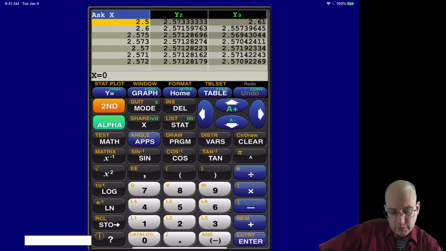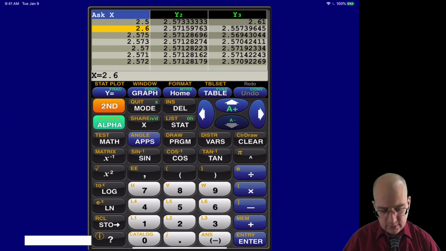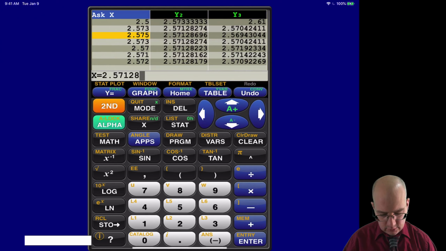Yeah, so we're almost there in terms of the guess. There we go, and then 2.57128. Actually, I think that does it for that one column.